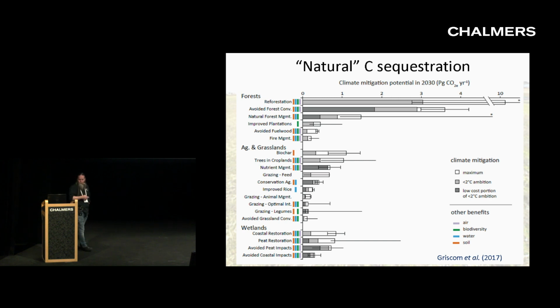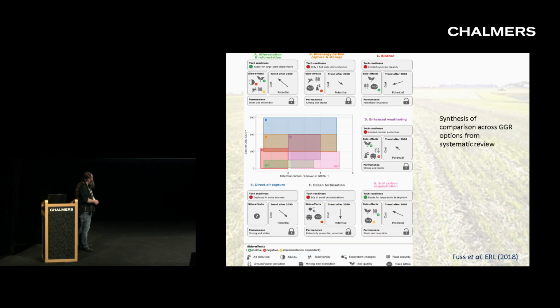So you will have seen also this graph that Sabina has shown a couple of times. This is just looking at where soil carbon sequestration and biochar fit in this whole portfolio of measures. You probably won't be able to see everything from the back, but G is soil carbon sequestration. And you can see here that it's got a negative removal potential.